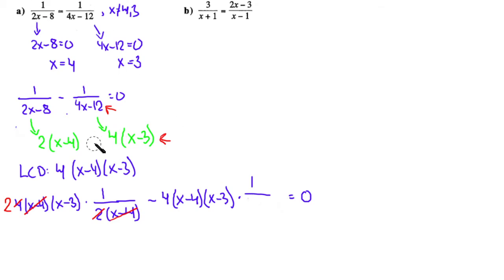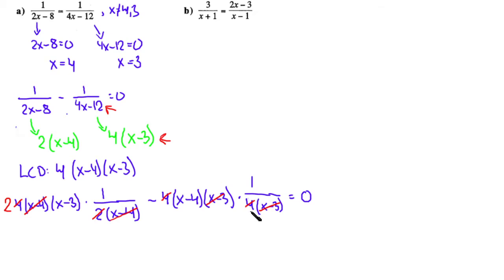The factored form is 4 times x minus 3. And again, we can cancel the x minus 3 against the x minus 3, the 4 against the 4, and we got rid of that denominator.